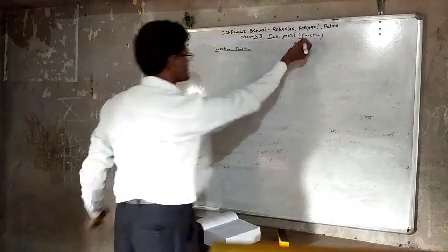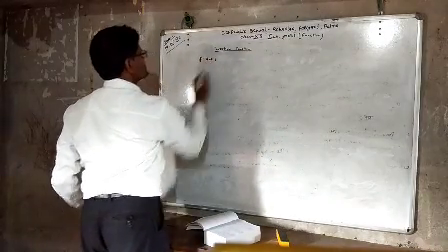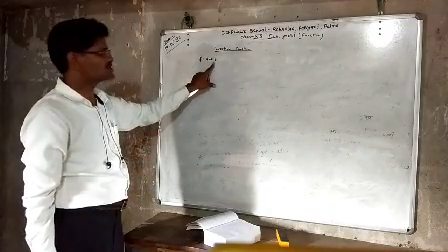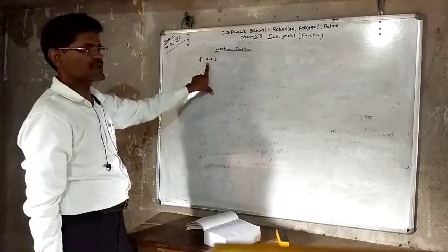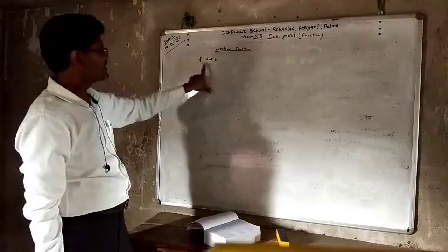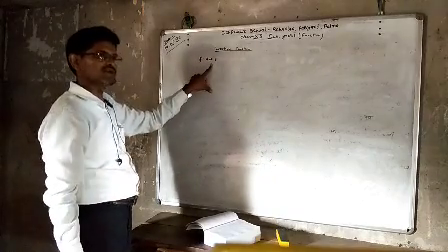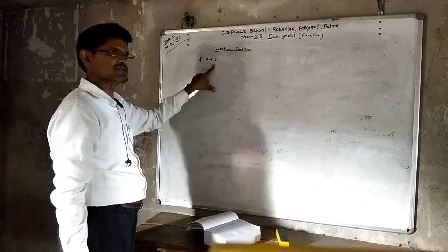Suppose a function f from A to B is given. It means the domain of the function is A and the range of the function is B. Then the function is defined as f from A to B, and this function is one-one and onto.